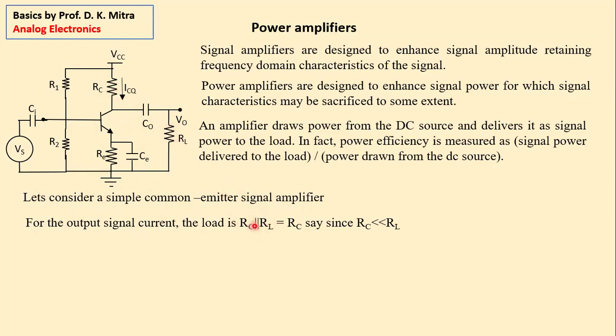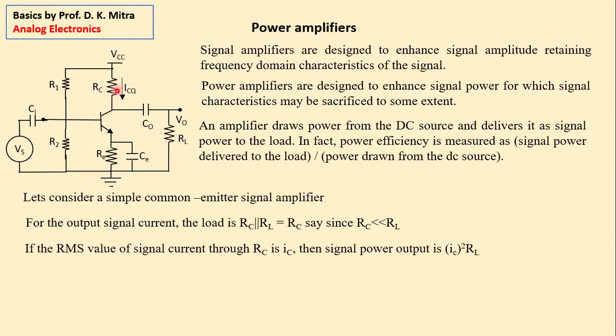So the net parallel combination can be considered to be RC for just approximate theoretical calculation and understanding the principle, right? But for the DC current, it is not RL. DC current does not flow through RL. DC current flows through only RC and RE. And signal current flows through RC and RL, right? So the signal load is RC.